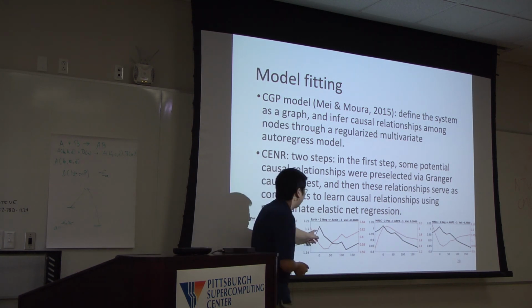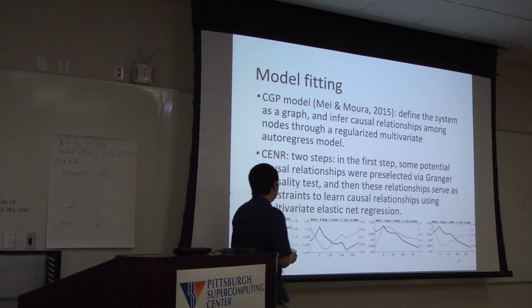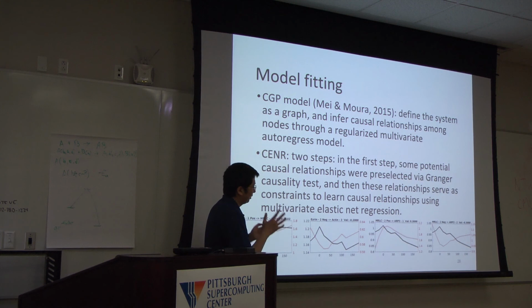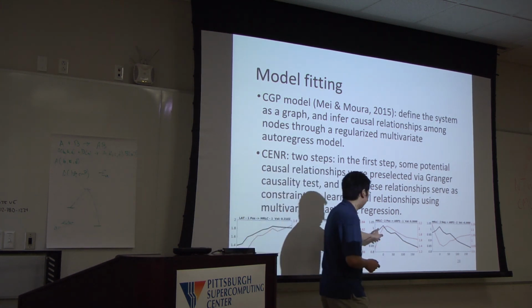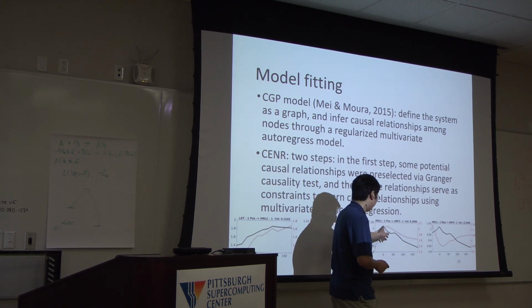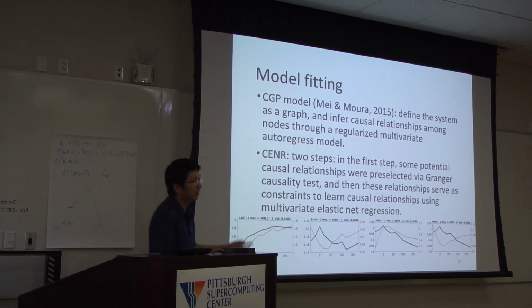The black line is the time series for the cause, and the red dash is for the effect. We can see there is some obvious lag in the effect, especially for this one. You can see the cause first goes up and goes down, and the effect goes up, and at a later time point it goes down. So it can identify this kind of pattern.